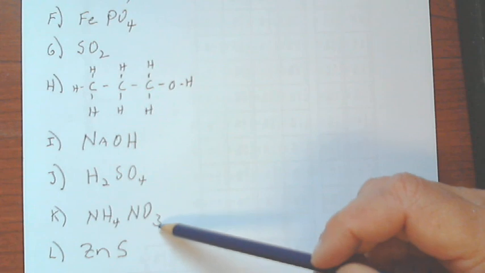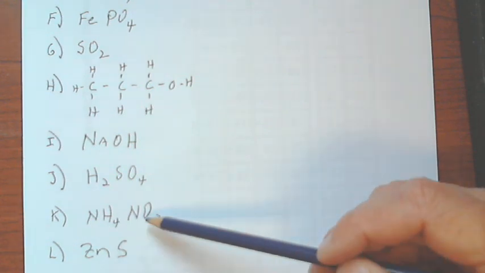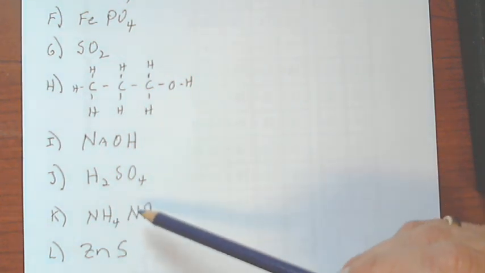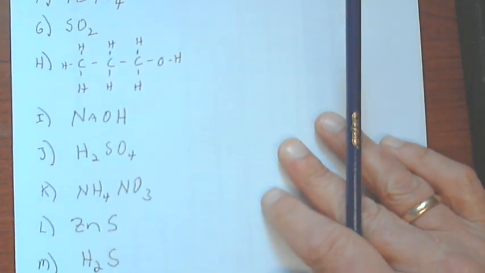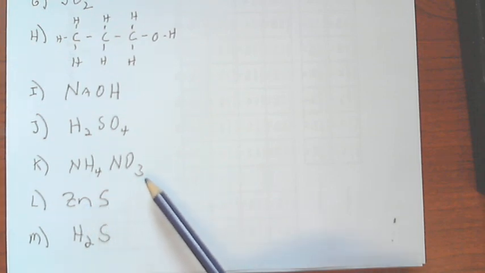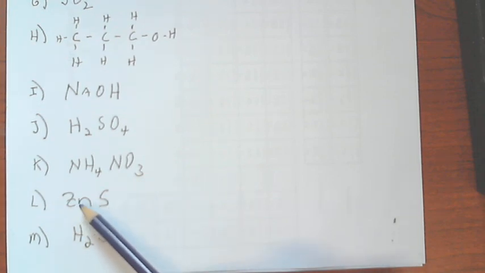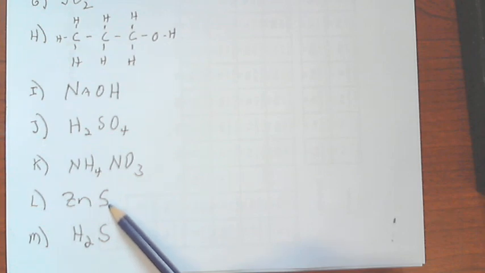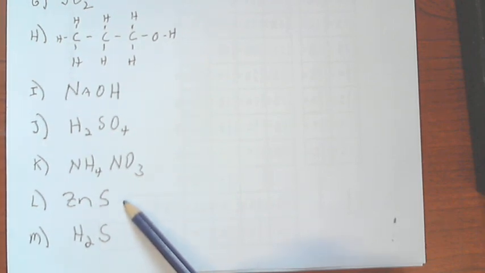This is ammonium nitrate, +1 and -1, so it breaks down. Then this next one is zinc. Remember, zinc is always +2, but the formal way to write it is zinc(II) sulfide, or zinc sulfide.